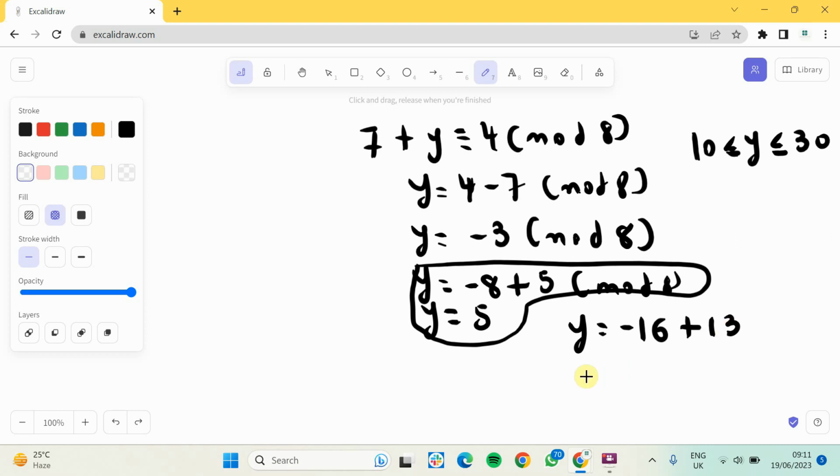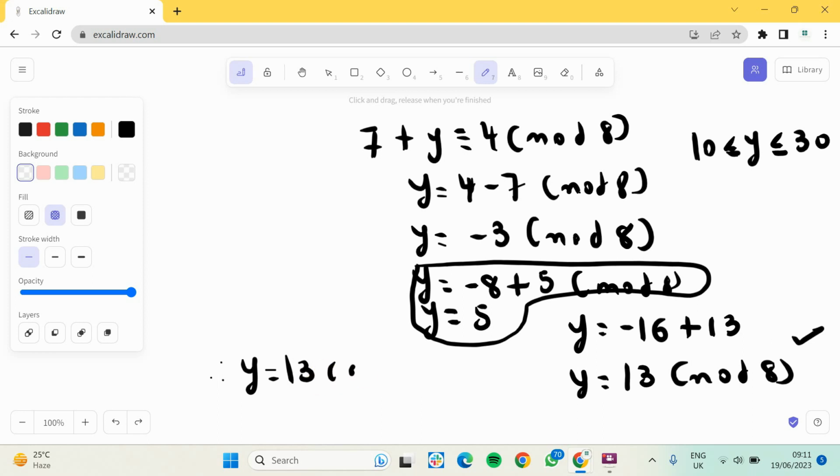So y here would be equal to the remainder part, 13 mod 8. Is 13 between 10 and 30? Yes, 13 is between 10 and 30. So therefore, my y is equal to 13 mod 8.